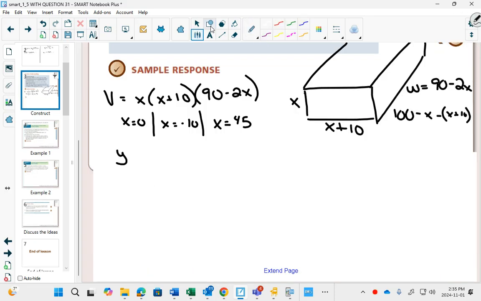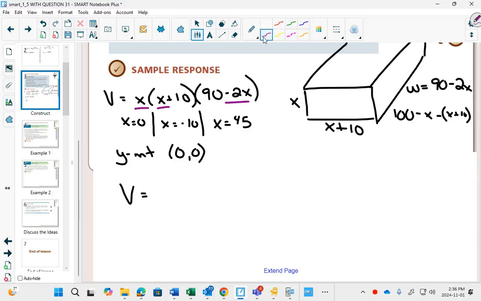If you were asked to find the y-intercept, that'd be plugging in 0 for x. Well, because the x-intercept's at 0, your y-intercept is also at 0. So we have (0, 0) for our y-intercept. If I were to rewrite this equation, starting with the highest degree, check out your x's.